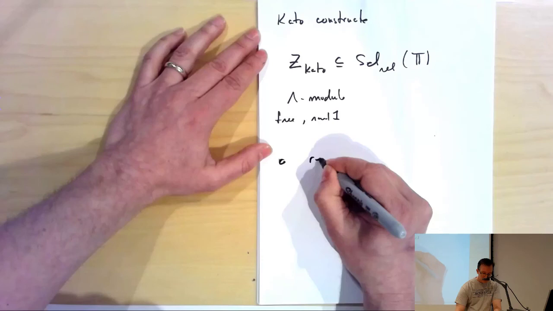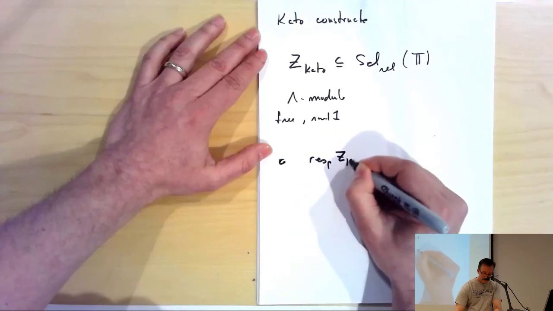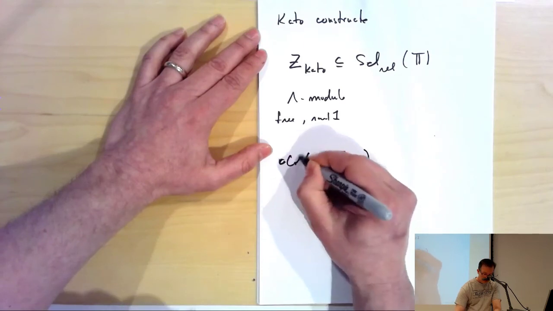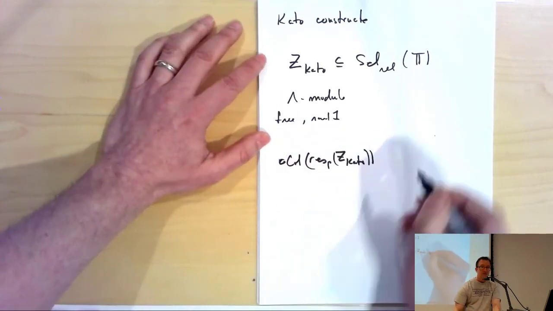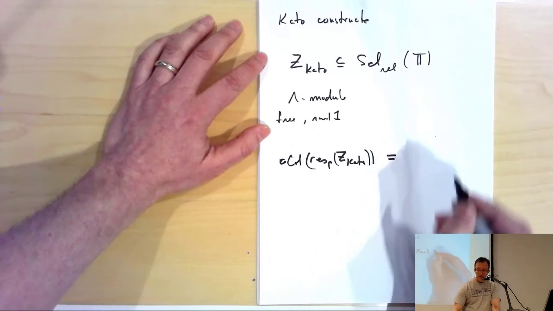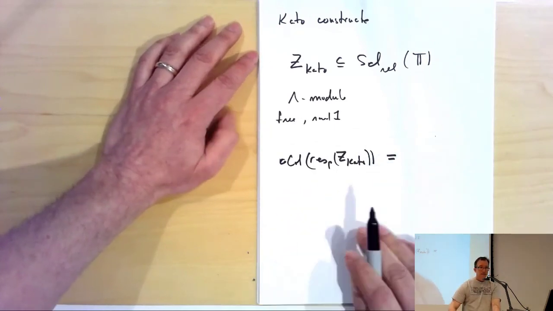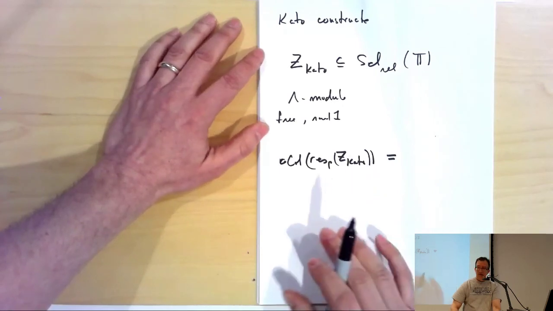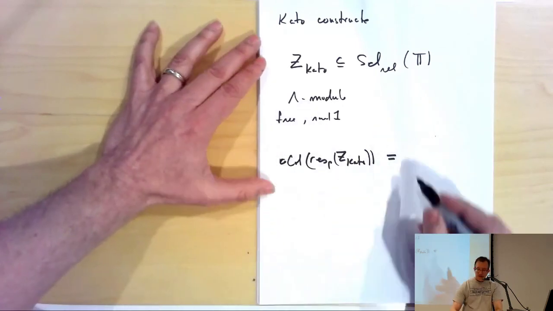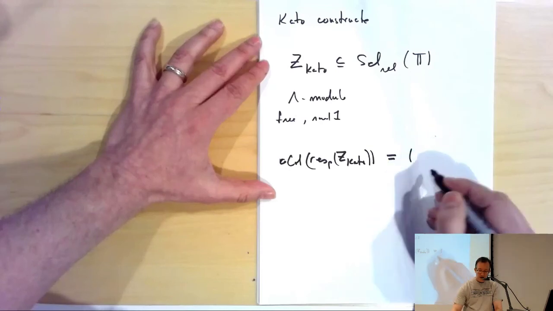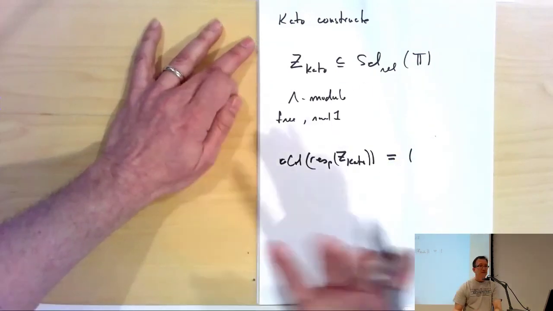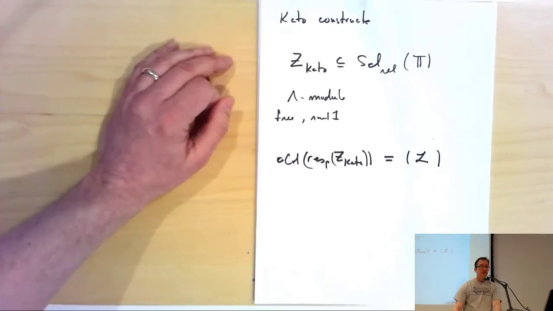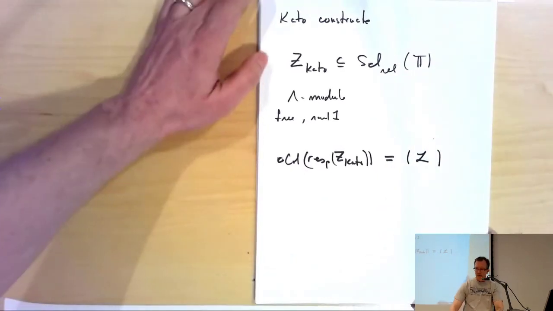So we can look at the restriction at P of this module locally, and then you can apply the Coleman homomorphism to this restriction. And this is exactly the thing that Kato analyzed through his explicit reciprocity map and showed was related to the p-adic L function for E by sort of this Rankin-Selberg construction of the p-adic L function. But the upshot is that this is actually the p-adic L function.